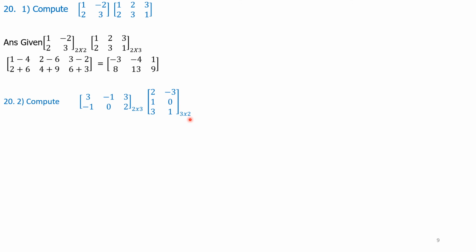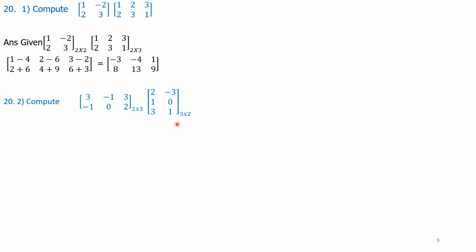So we have to multiply 2 by 3 into 3 by 2. Multiplication is possible because the number of columns in first matrix is same as number of rows in the second matrix. And the resultant matrix will be 2 by 2 as per the multiplying principles.